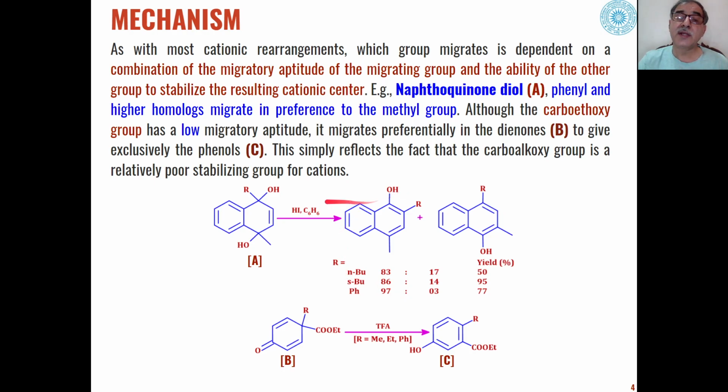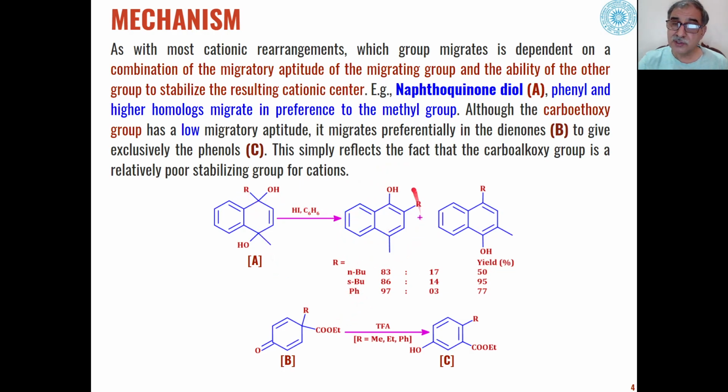So when the R group is n-butyl or secondary butyl, 83 and 86% of this product is formed, whereas 17 and 14% of this is formed. And formation of this product can be increased if this R is a phenyl.